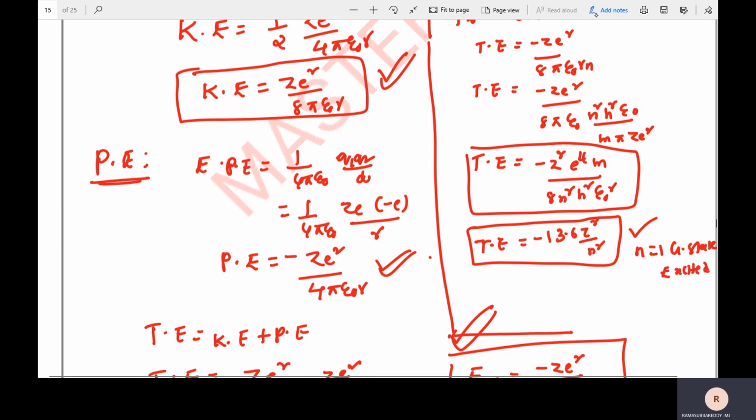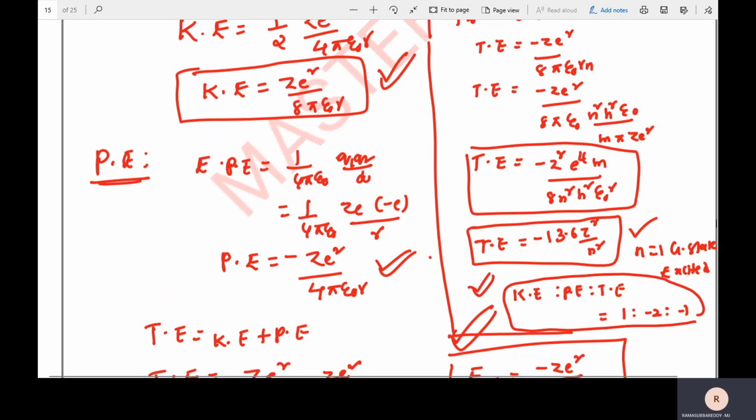Then we have the relation of kinetic energy, potential energy and total energy: kinetic energy is 1, potential energy is minus 2, total energy is minus 1. This we have to remember. Ratio, sometimes they may ask the ratios.